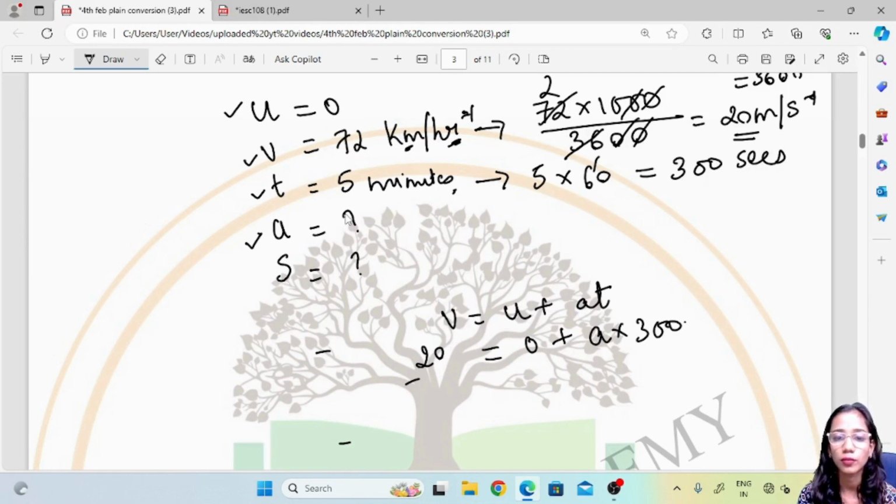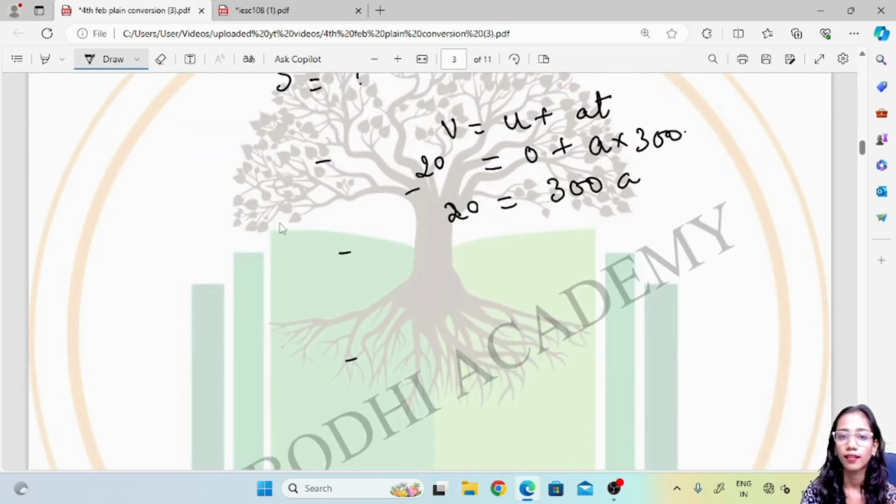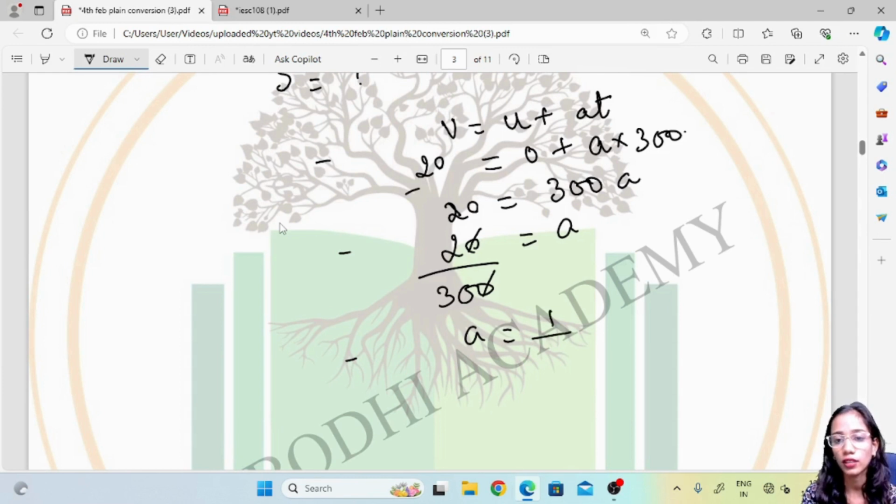So this will be 20 equals 300 a. So a will be equal to 1 upon 15 meter per second square.